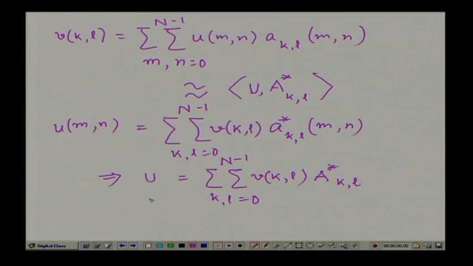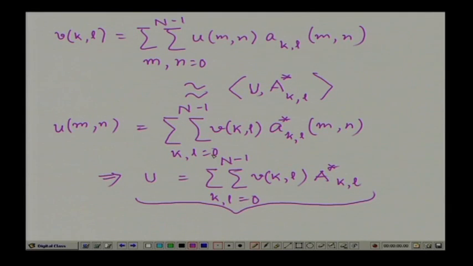If you look at this expression, you find that our original image matrix is represented by a linear combination of n square matrices A star k l, because both k and l vary from 0 to capital N minus 1.